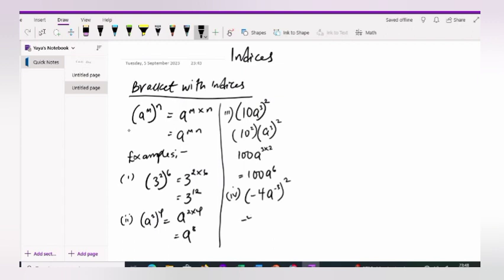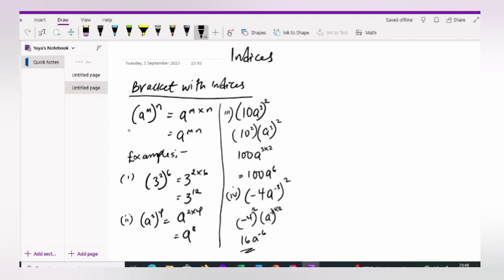We have minus 4 squared, then a raised to power minus 3 times 2. Minus 4 raised to power 2 is 16. So we have 16 a raised to power minus 6, and that is the final answer. That is how to deal with that.